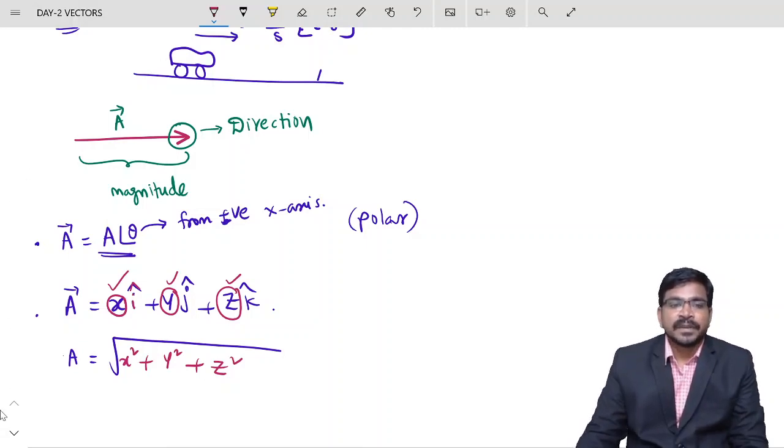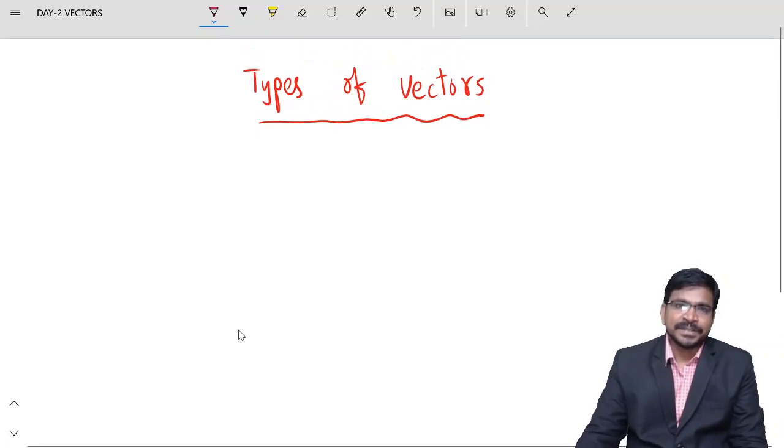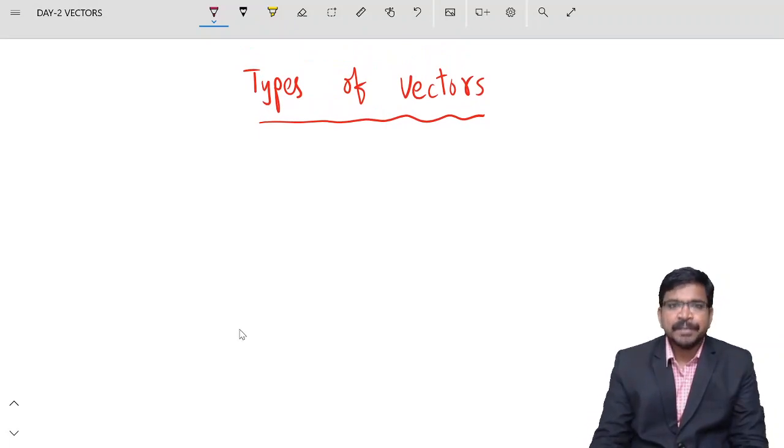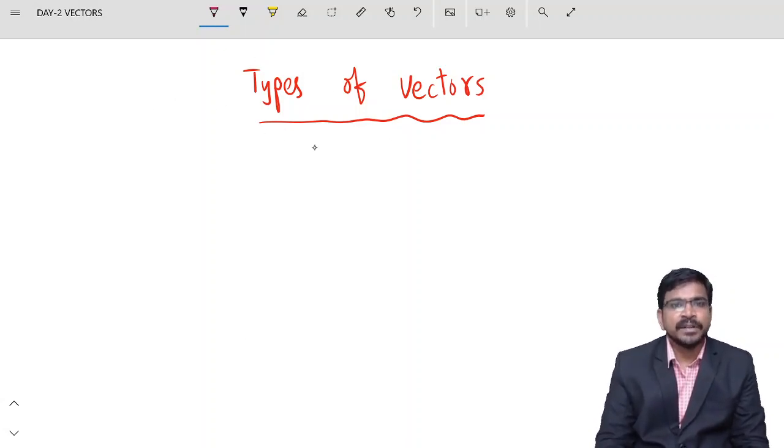Okay. Next, types of vectors. Here, only the main important types we will discuss as part of the crash course. The very first type, my favorite vector, is the unit vector.